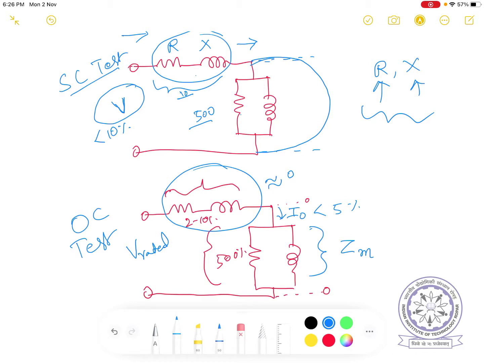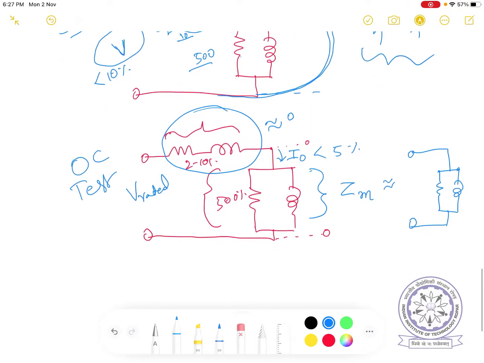In the SC test, the equivalent circuit is simply R, X and then a short, and in the case of the OC test, the equivalent circuit consists only of the shunt branch like this. You have studied these in your undergraduate course already.